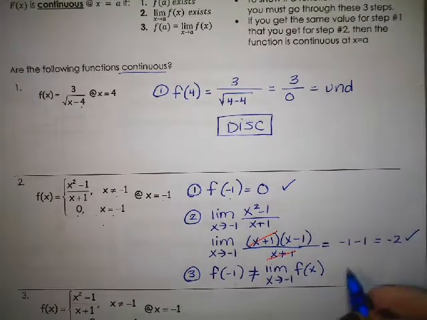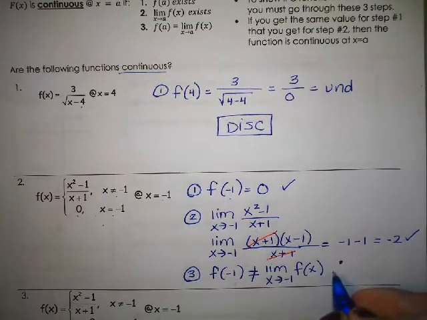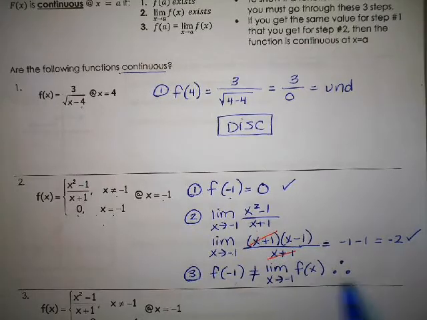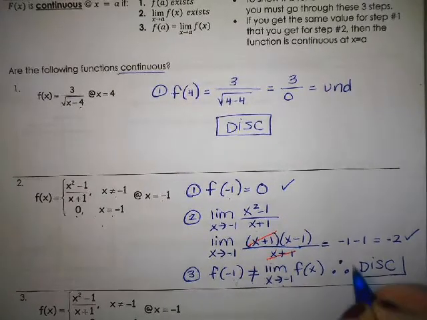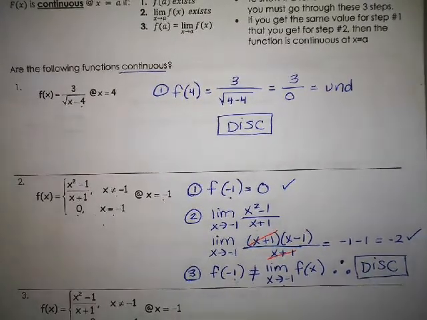In calculus, oftentimes instead of writing out the word therefore, this might seem kind of weird at first, but a little triangle of dots means therefore. So f of -1 does not equal the limit as x approaches -1 of f of x. Therefore, discontinuous. And to get full credit, you would have to show all 3 steps with good notation. Okay.